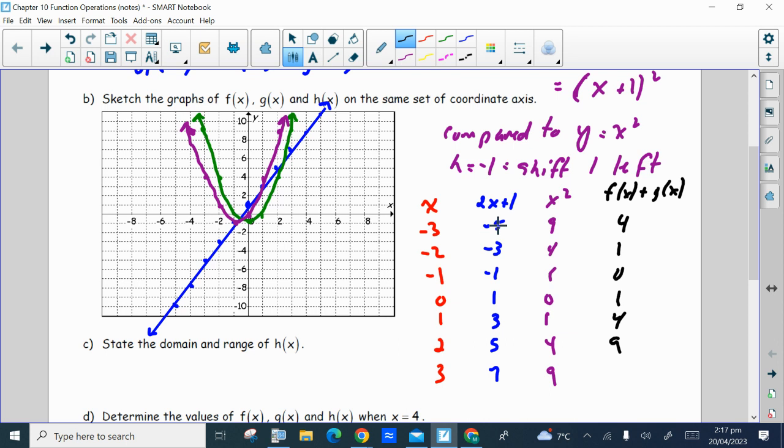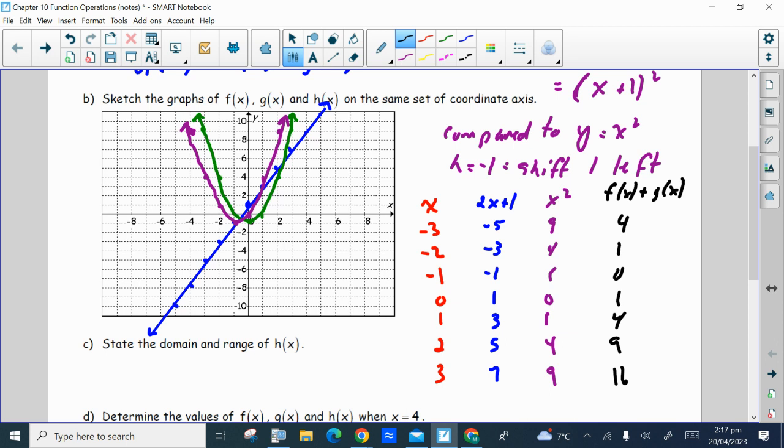Right? -5 plus 9 is 4. -3 plus 4 is 1. -1 plus 1 is 0, in every case. And so the y value for h when x is 3 will be the sum of 7 and 9, which is 16. The y values are added together to give you the y values for the new function, which makes sense because that new function came by adding the two equations together.